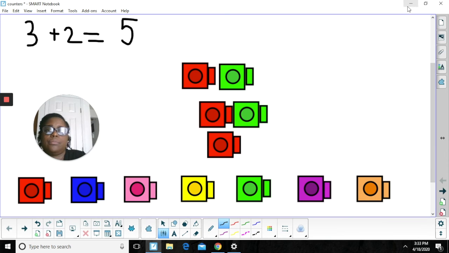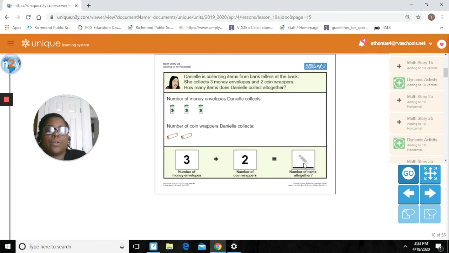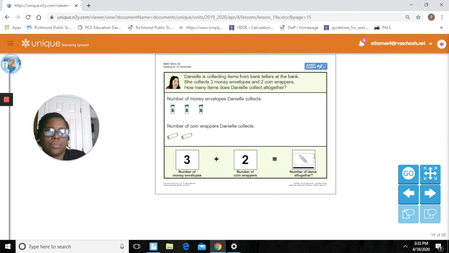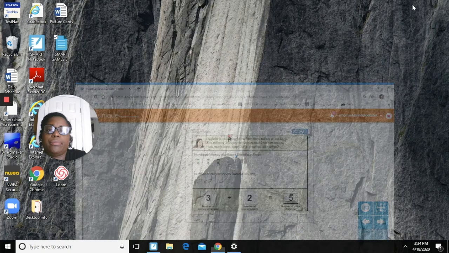All right. So here's our same problem. And then we just put in 5, okay? Now, I'm going to show you another way that you can add too. You can solve an addition problem like this using the number line. So let me show you that, okay?